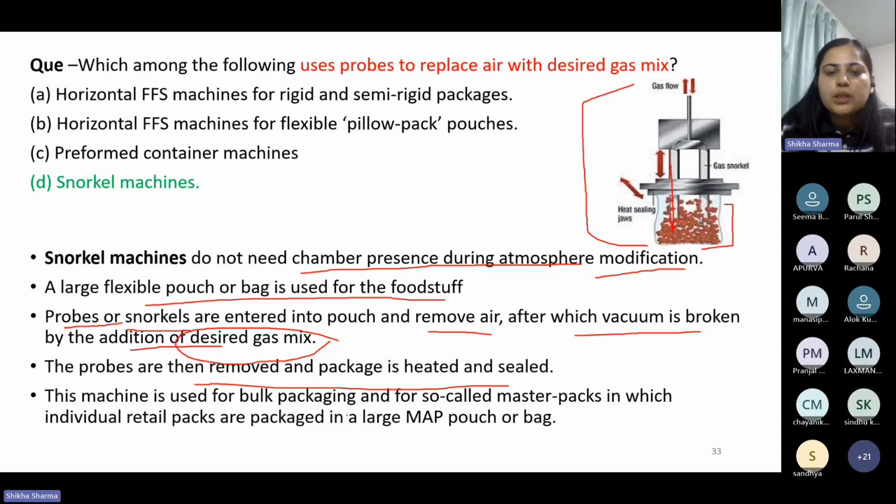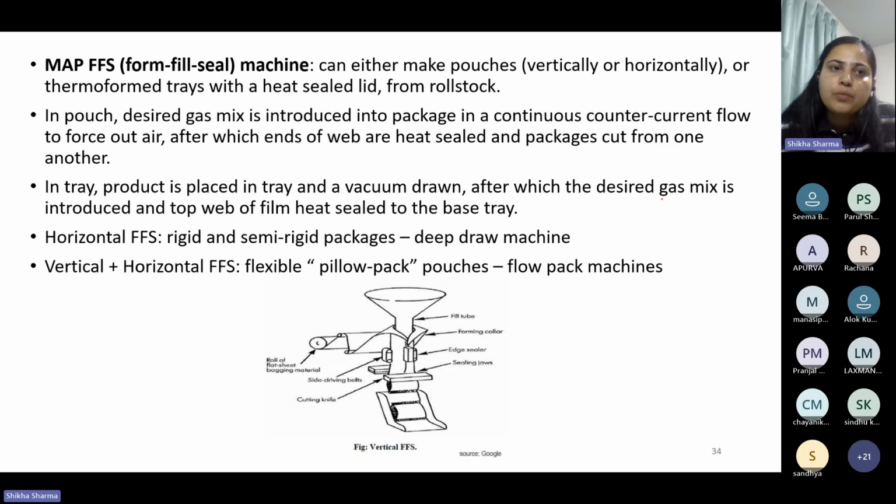This machine is used for bulk packaging and for so-called master packs, in which individual retail packages are packed in a large MAP pouch or bag. So this is the airflow system. From this, air will come, and at the end, when we change the gas, the pouch will be heated and sealed.